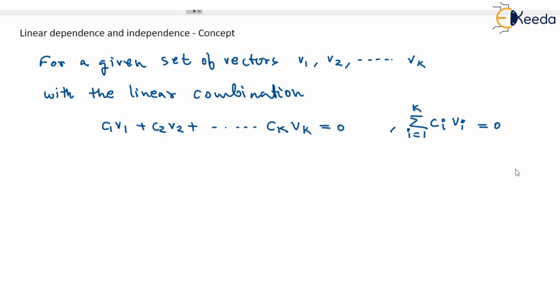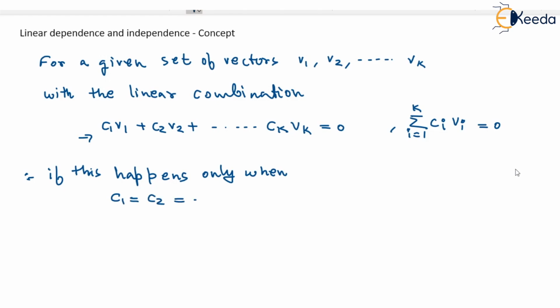So let's say we have some set of vectors v1 to vk and we have a linear combination of such order. Then if this happens, this linear equation is satisfied only when c1 equal to c2 equal to up to ck equal to 0.